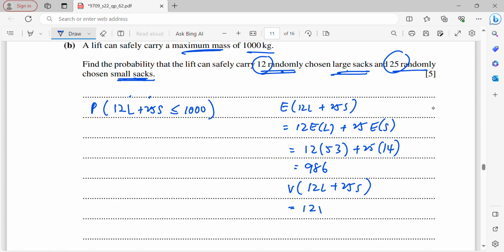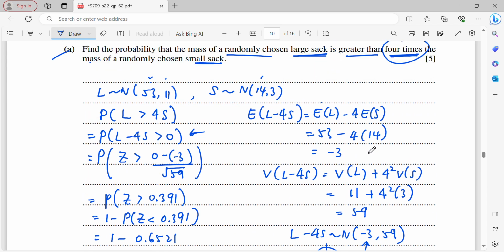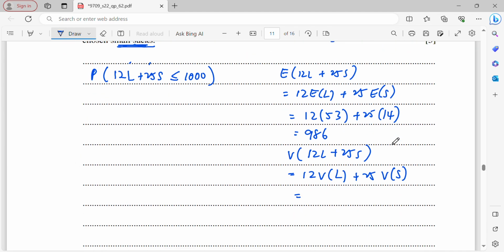It will be just 12 variance L plus 25 variance S. So variance L from the previous question is 11. The other one is 3. I will write here 12 times 11 plus 25 times 3. So you are getting 207.